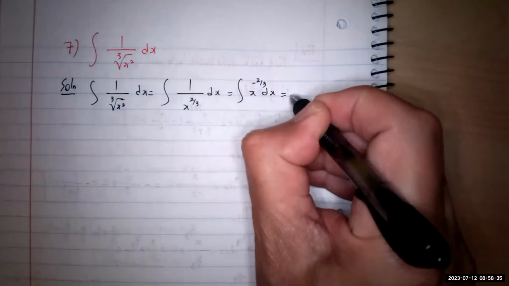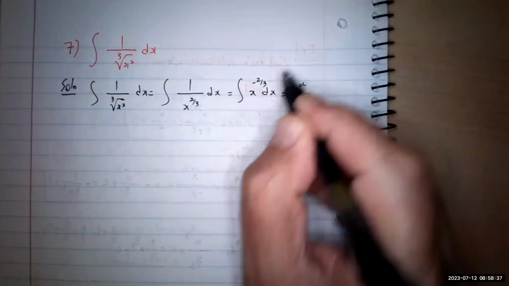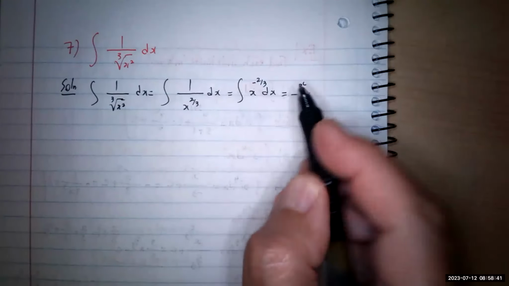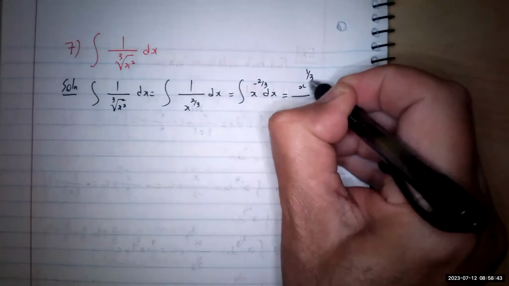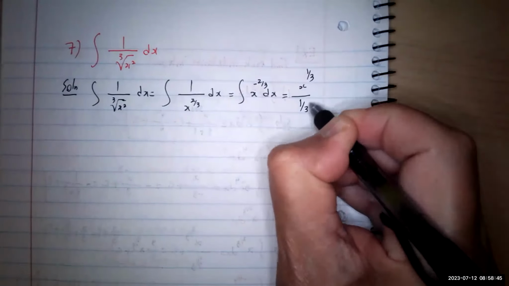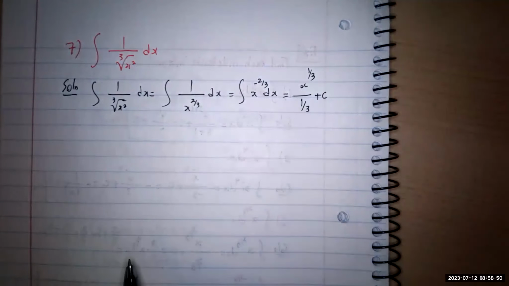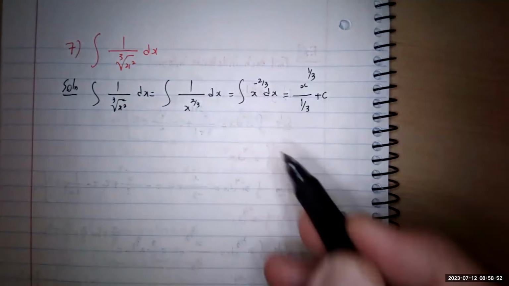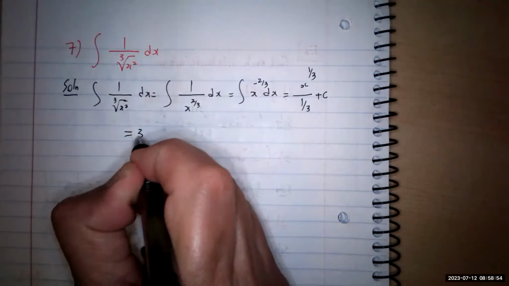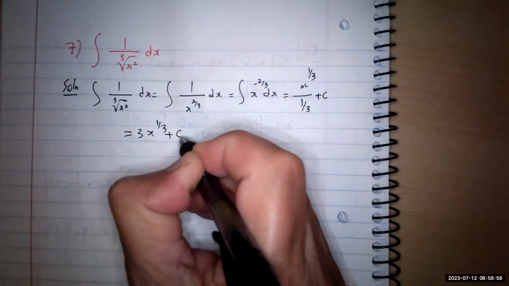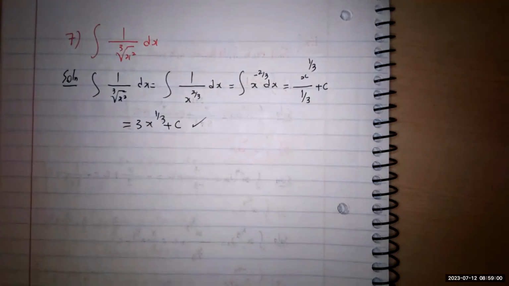So it's going to be x to the negative 2/3 plus 1, which would be negative 2 plus 3, which is 1/3, over 1/3 plus the constant c. You use the reciprocal of the 1/3, which is going to be 3. So it's going to be 3x to the 1/3 plus the constant c as the final answer.